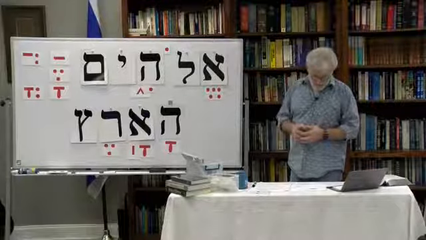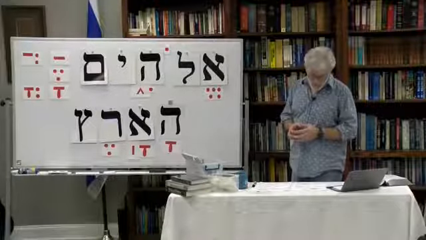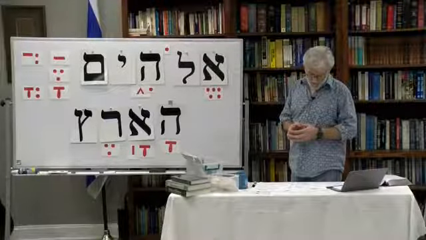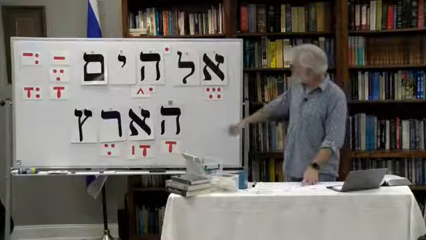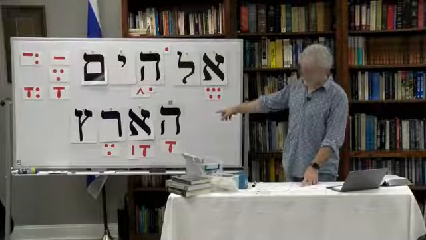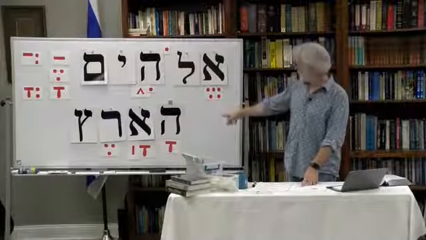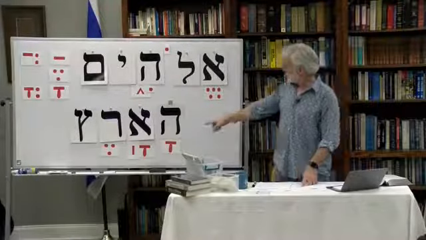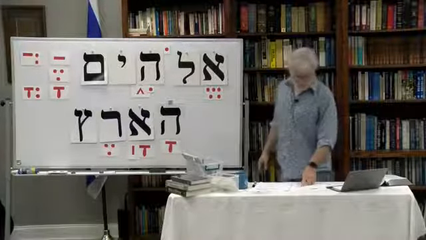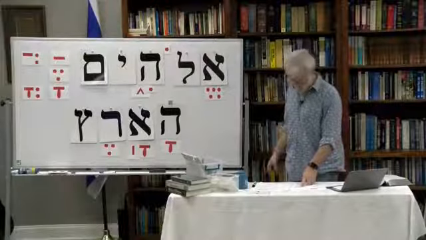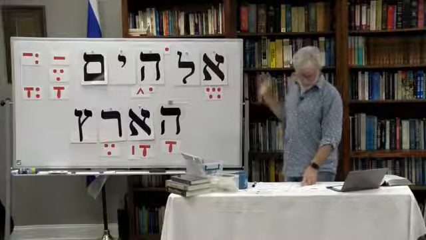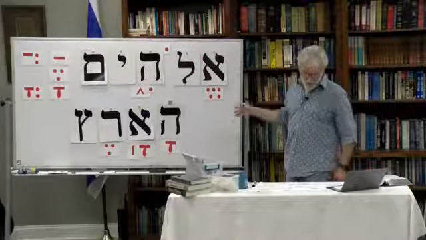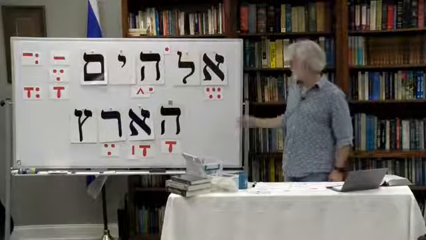All right, now, what I want to do is, this particular marking in ha'aretz, the siluk, notice it appears in the final word of the verse on the accented or the tone syllable.